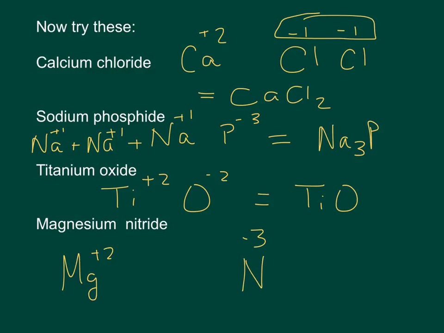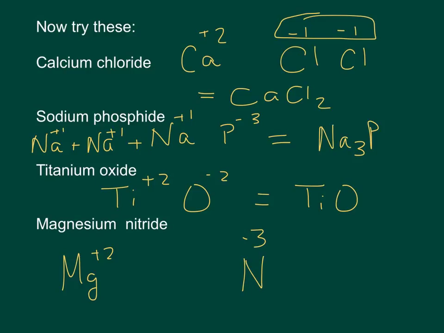So I rewrite it, Ca, and I have Cl2. Sodium and phosphide: sodium has a +1 charge, and phosphorus, or phosphide, has a -3 charge. Because sodium only has a +1 charge, it's going to take 3 of those to equal 1 phosphorus. So I've got Na3P.